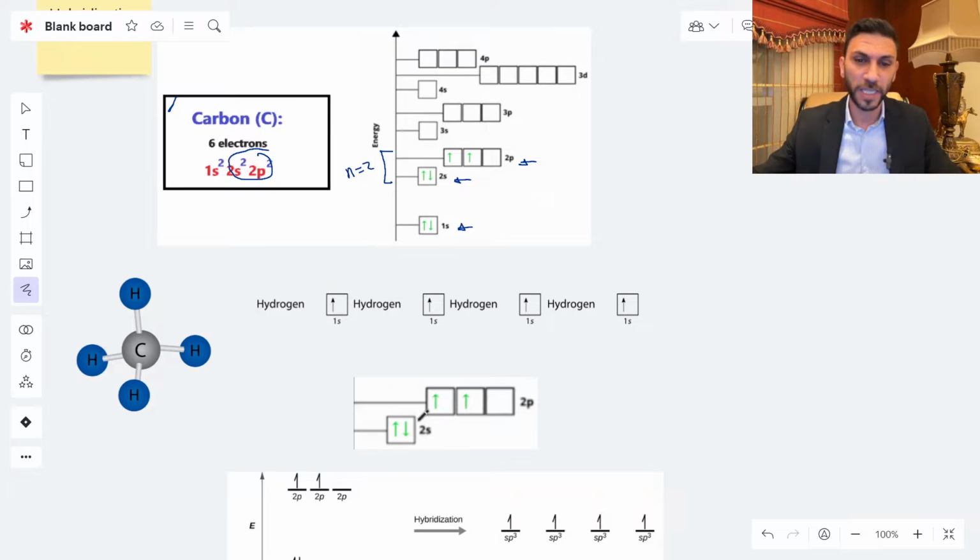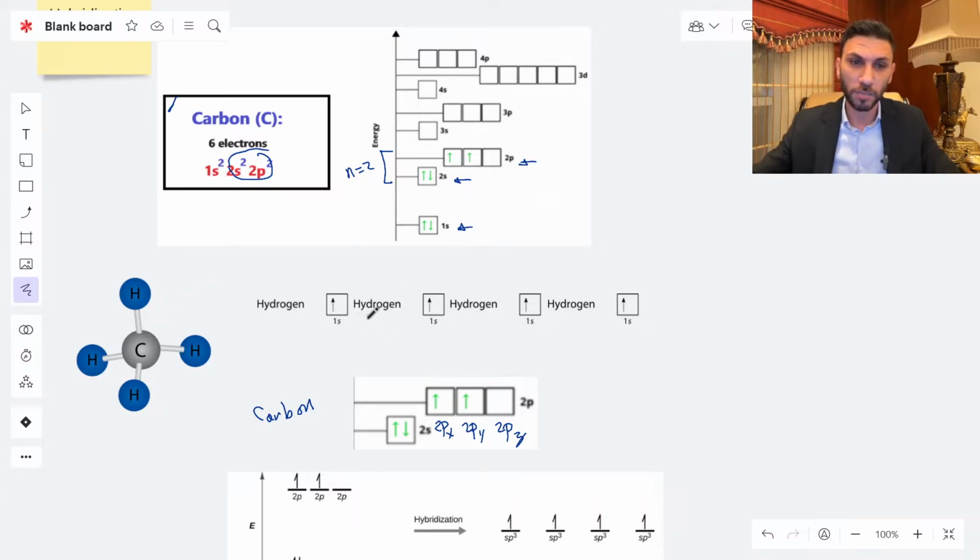And if you check here for the carbon atom, we have 2 electrons in 2s and 2 electrons in 2px and 2py, leaving 2pz empty. So we have here 4 bonds, 4 shared pairs, we call them, because the pair of electrons are shared between the carbon and the hydrogens. So we have 4 shared pairs.